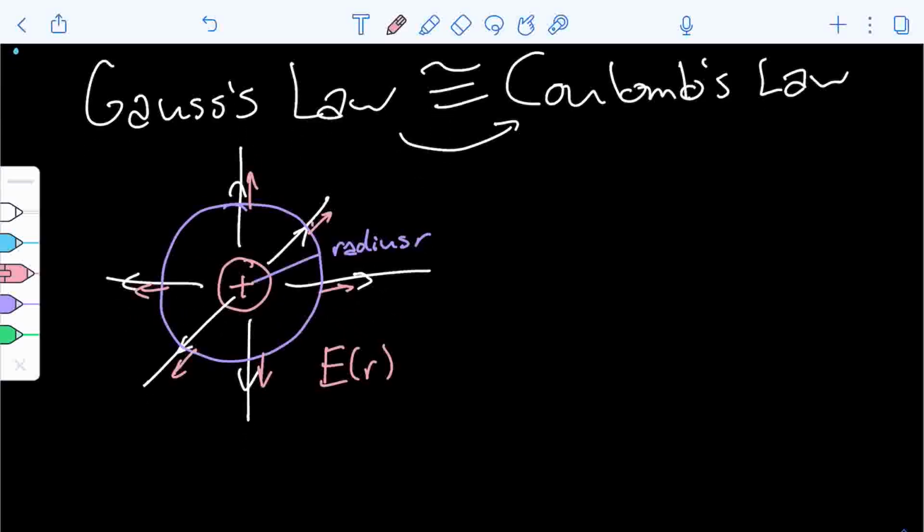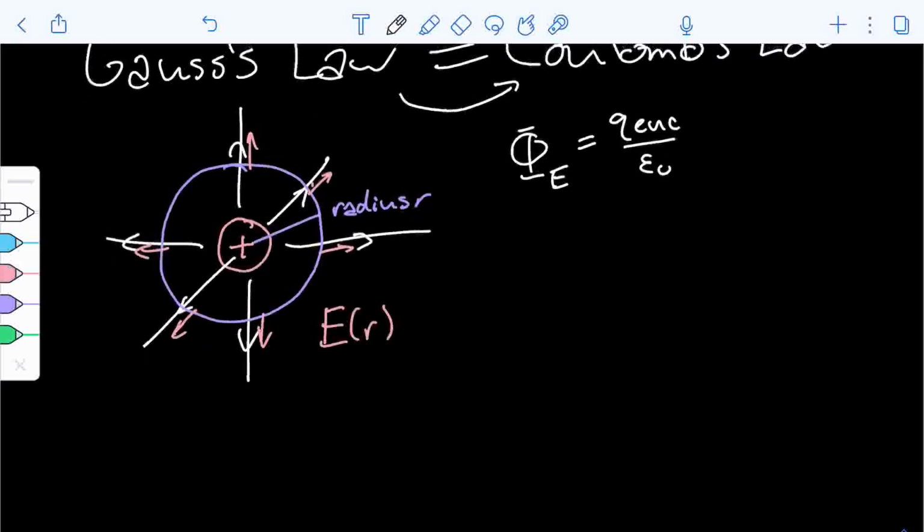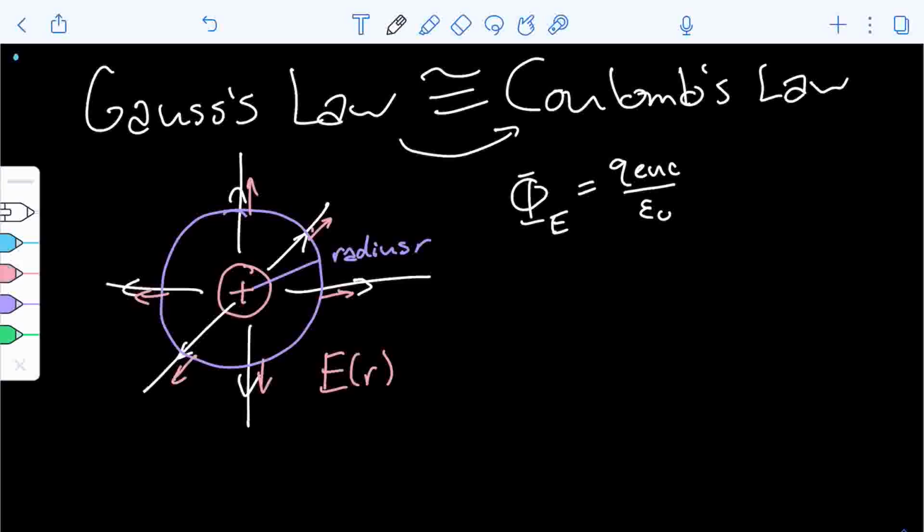So Gauss's law tells us that the electric flux is equal to Q enclosed over epsilon 0. So let's figure out what the electric flux through this sphere is. Okay, so it's equal to the surface integral of E dot n hat dA. So let's look at a tiny patch dA, and look at n hat.